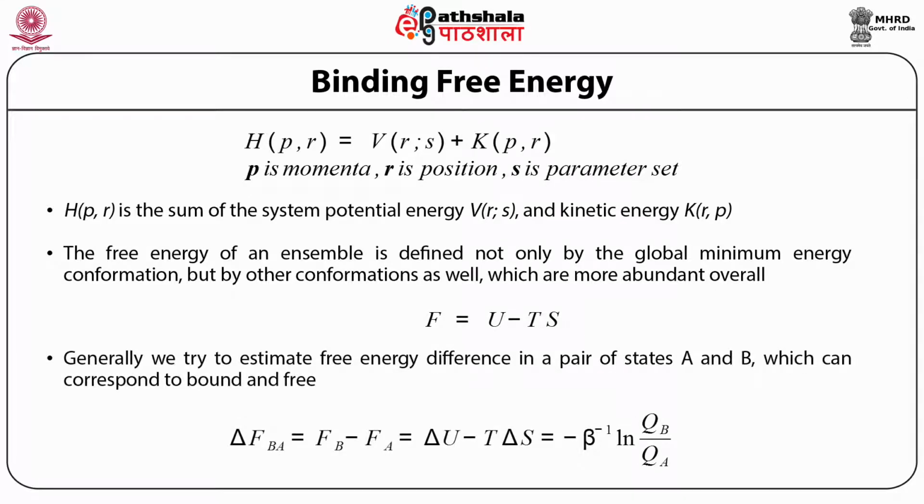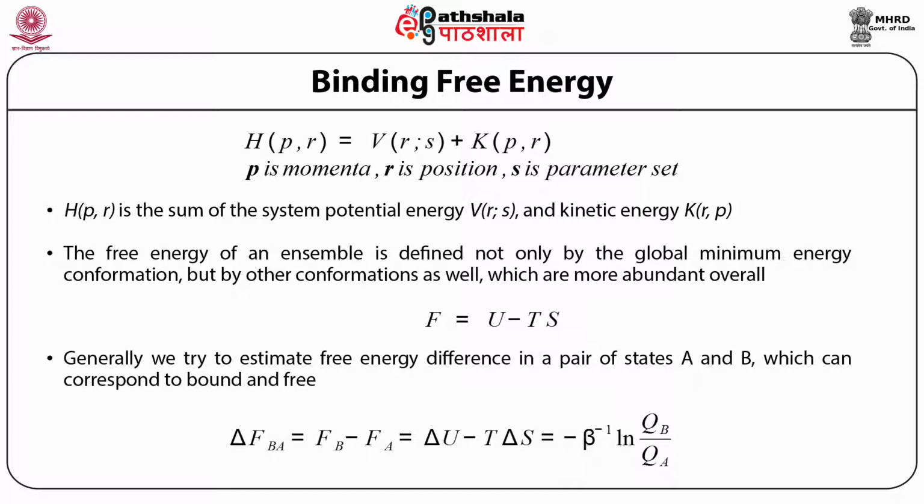Actually, the definition of binding free energy is that if B binds to A, then that excess energy, or the energy which you released by binding, may be positive, may be negative, should be calculated in this form, F_B minus F_A, where delta U represents how much is the energy loss or energy gain due to the binding, and how much is entropy gain or entropy loss, that is delta S. And the total value should be represented by beta, which is constant with respect to time, but depends on temperature.